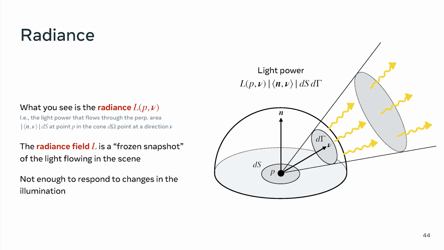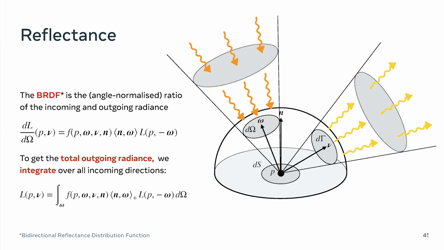So the radiance function looks something like this. It is a function of a direction and a point, and it gives you the amount of energy that the light is transferring in a given cone along a given direction with respect to the normal to the object, to your surface. Okay? So that's radiance. It's just a snapshot, though, of the illumination you get in a given scene.